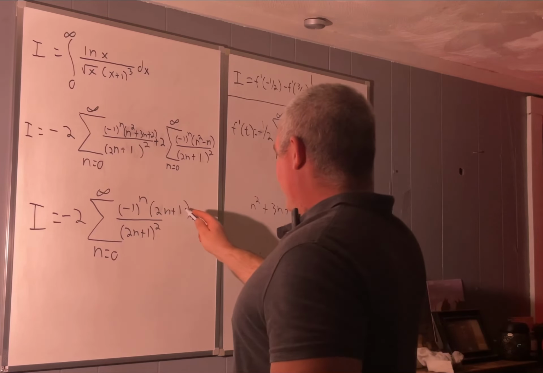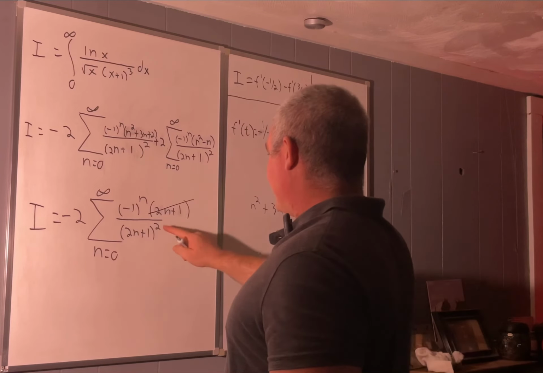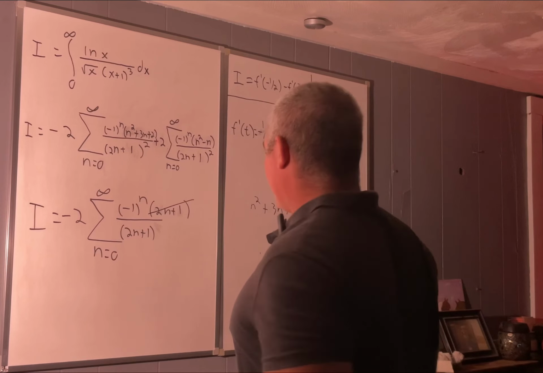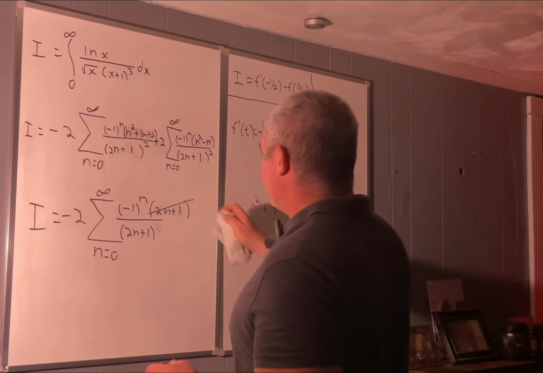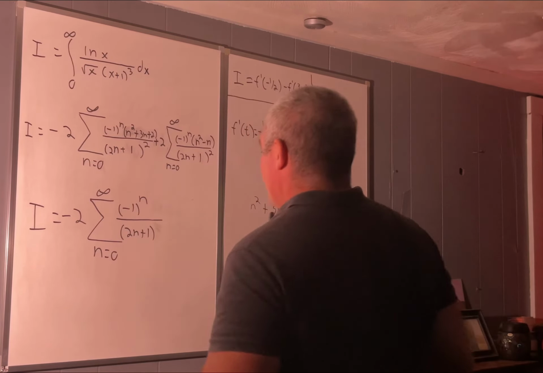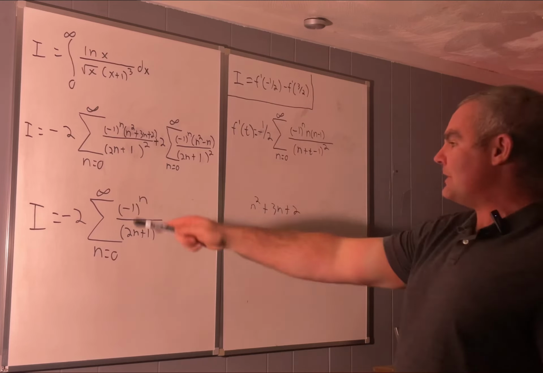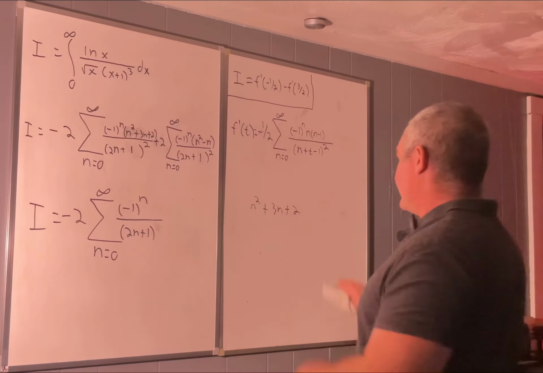And then we will cancel this with one of these, leaving us just negative 1 to the n over 2n plus 1. Well, great. We have it as a sum, but we can go further with this sum right here.